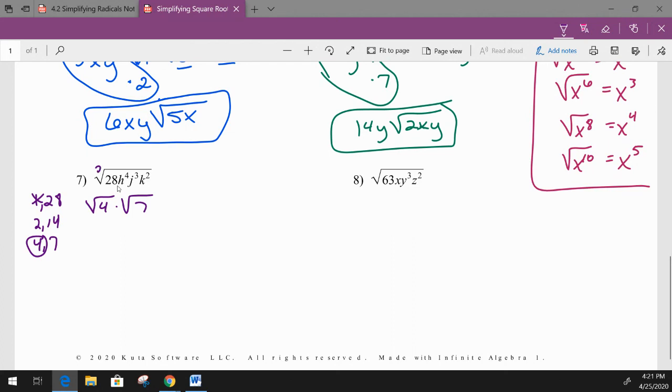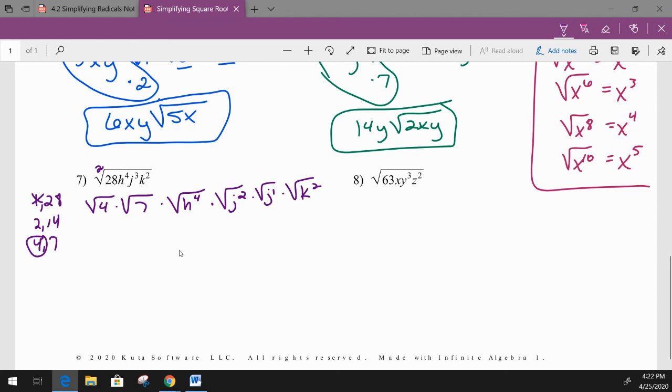Because, again, this is a square root, the root is 2, you want the exponents to be even. So you want them to be divisible by 2 if they're perfect squares. So h to the 4th is a perfect square, so we can leave that alone. The j to the 3rd, we can factor into j squared times j to the 1st. The k squared is already a perfect square, so just k squared.